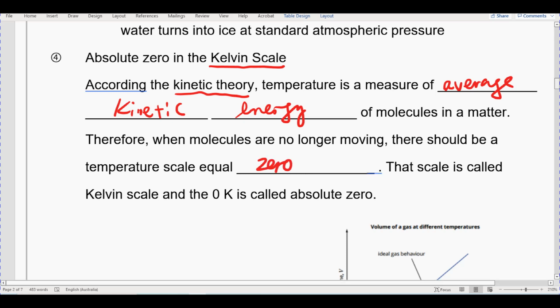That scale can't be degrees Celsius, because degrees Celsius will give you minus 273. That zero temperature at the state of no movement is the scale called the Kelvin scale. And that 0 K is not OK, right? It's 0 K. It's called absolute zero.